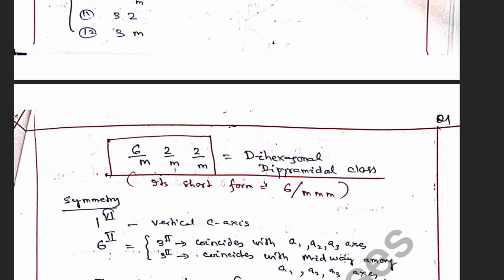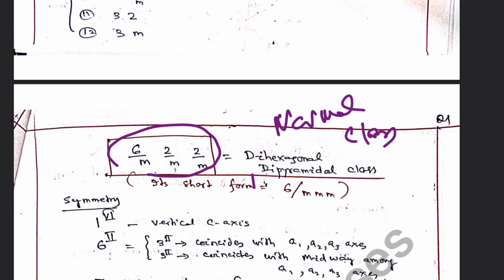So 6/m 2/m 2/m is the normal class, or the holohedral class of the hexagonal system. The normal class is known as the dihexagonal dipyramidal class, and commonly this notation is represented by 6/mmm.